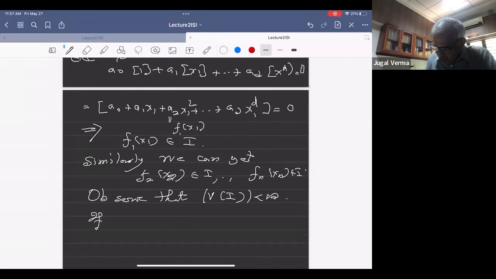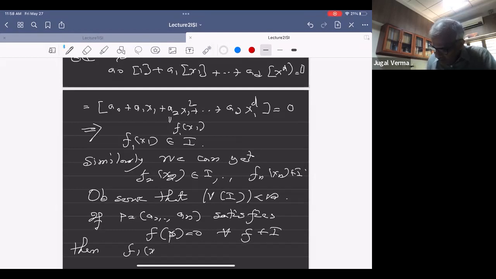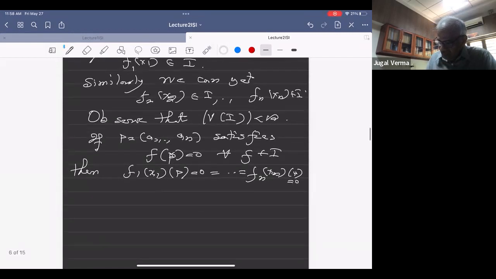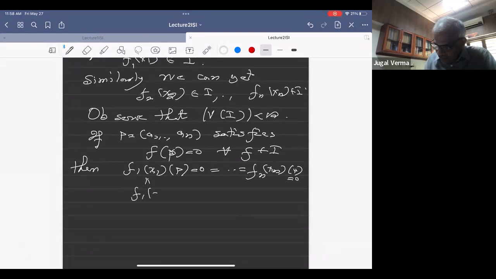Because if a point P is a common solution, that is, if a point P satisfies f(P) is 0 for all f in I, then f1(x1) evaluated at P is 0, and fn(xn) evaluated at P is 0, but this is equal to f1(a1).